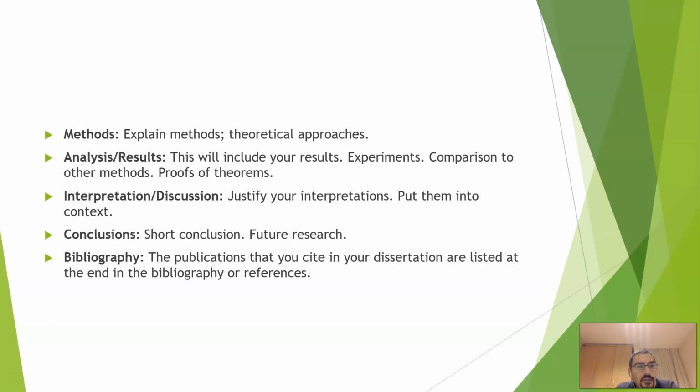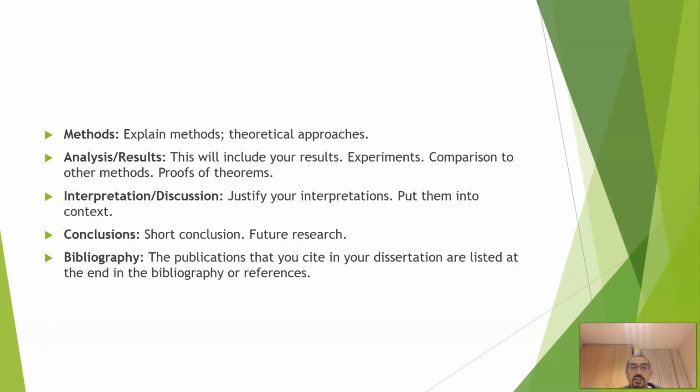And then about methods, you should explain methods and theoretical approaches. If you use a particular method of doing something, you should explain it clearly with correct citations, etc. And for things which include applied portions, you should give theoretical approaches, maybe background.